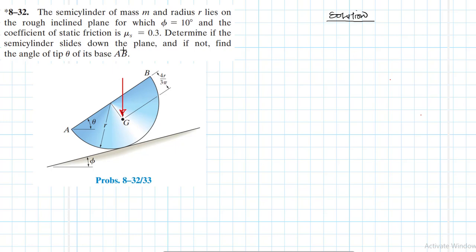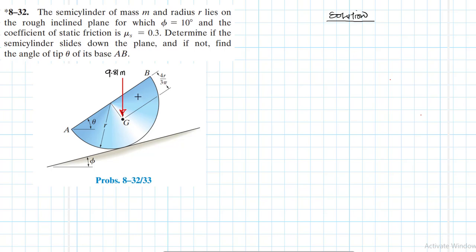They've told us the mass m, so we'll convert it to the weight, which is mg, where g is equal to 9.81 meters per second squared. So just write it as 9.81 m, mg.